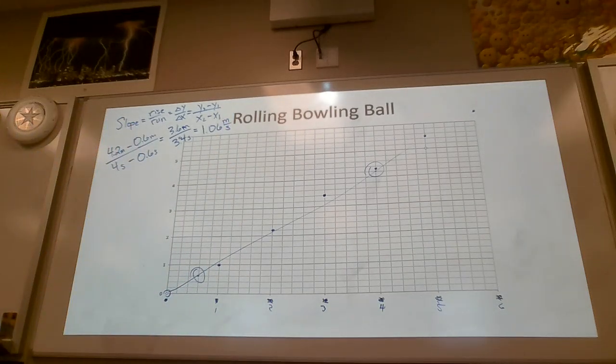What does that number communicate? Like, what is the significance of that number? Like, what does that tell us, Gillian? We just did something mathy to figure out something in real life, how fast the bowling ball is rolling.